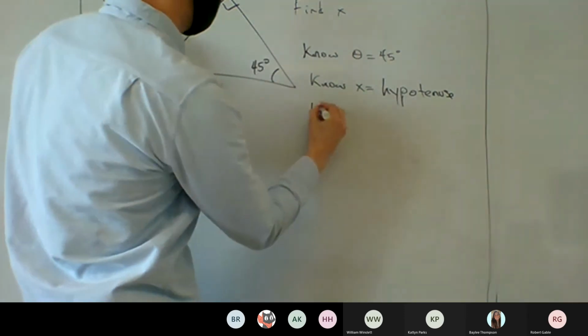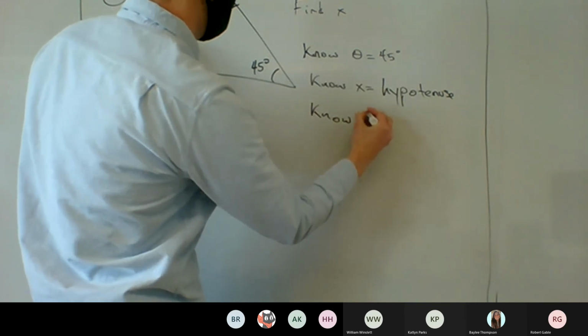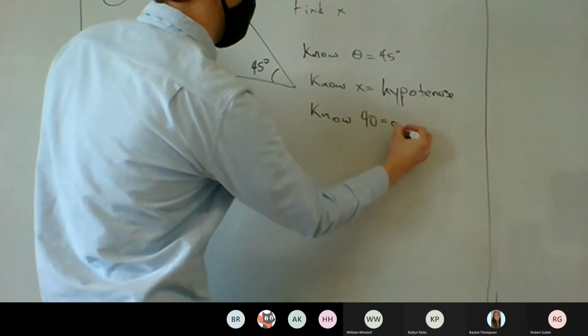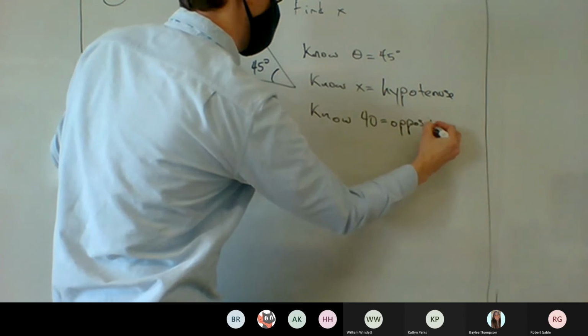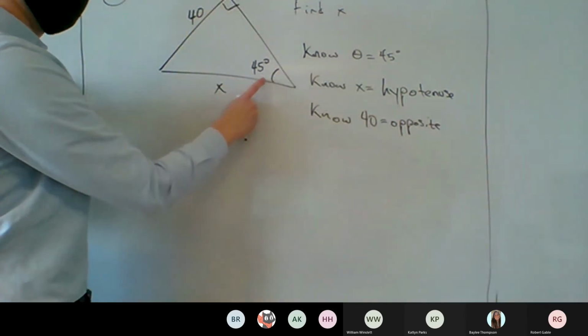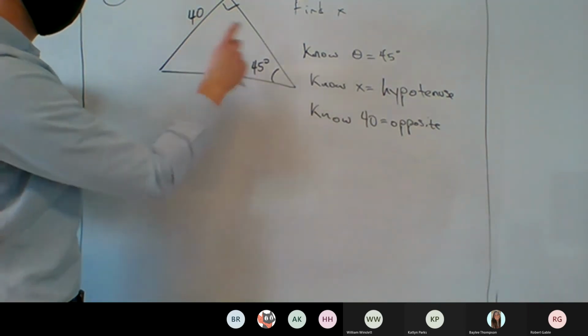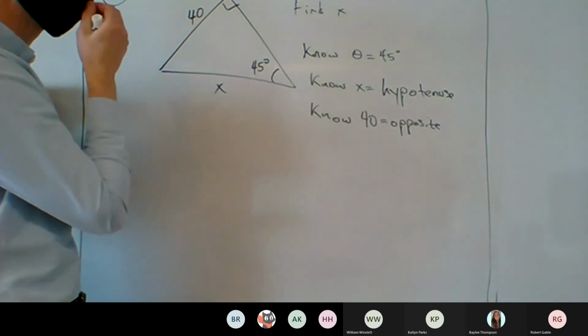We also know that 40 is equal to the side opposite to theta. Remember, when you're given a right triangle and an angle inside, there are three sides relative to that angle: the opposite, the adjacent, and the hypotenuse.